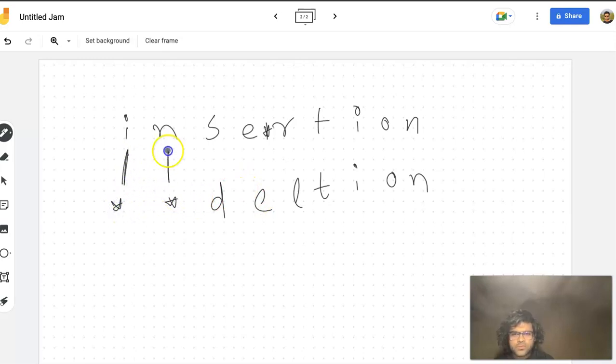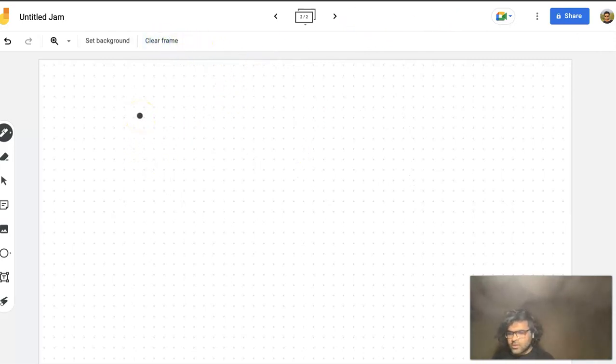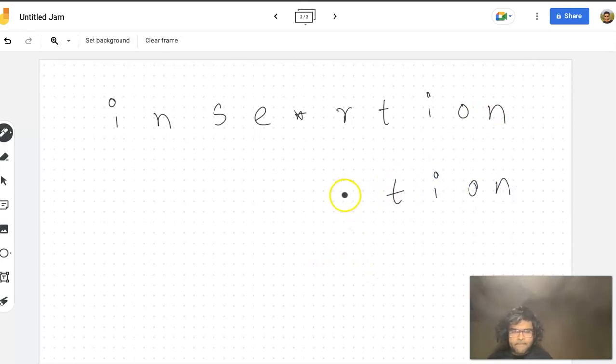Sorry, I totally wrote this wrong. So basically this is I, then N, then S, then E, then star, then R, then T, then I, O, N, and here is T, I, O, N, and this thing is deletion.